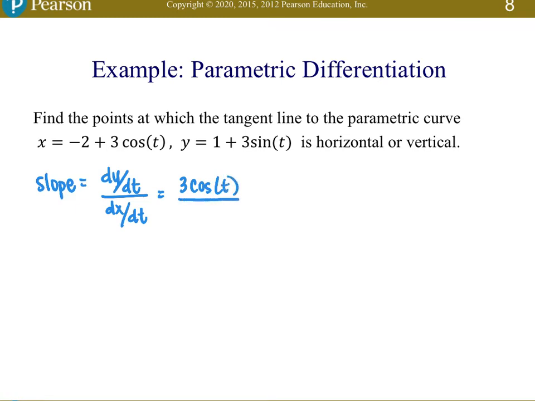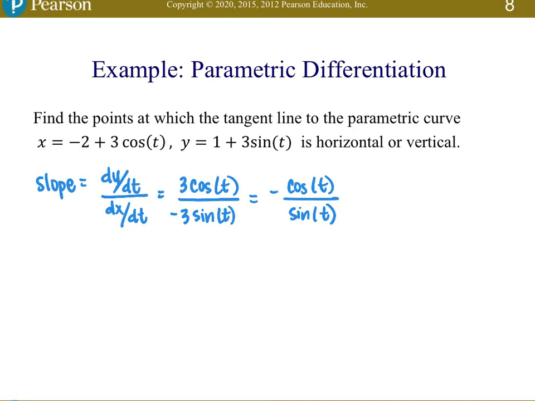And the derivative of x with respect to t would be negative 3 sine t. So we're looking at negative cosine of t over the sine of t. I could simplify that to cotangent, but you'll see in a minute why I'm not going to. I'm going to leave that with a distinct numerator and denominator.